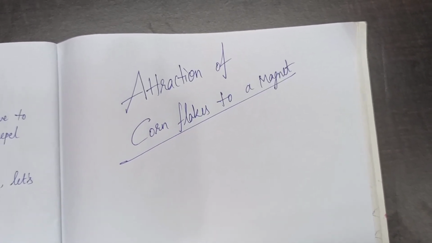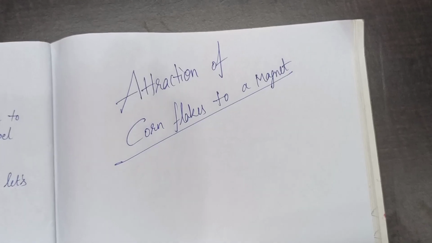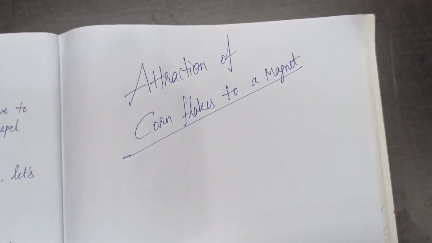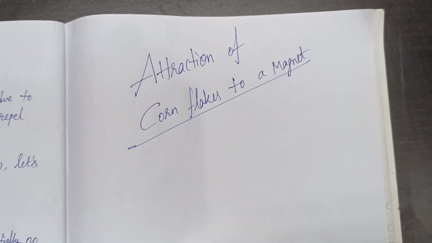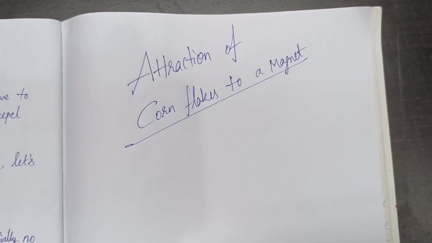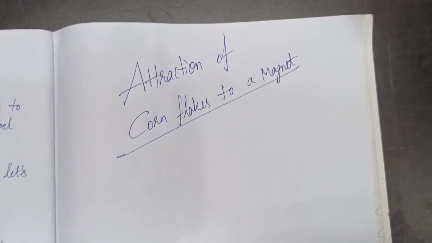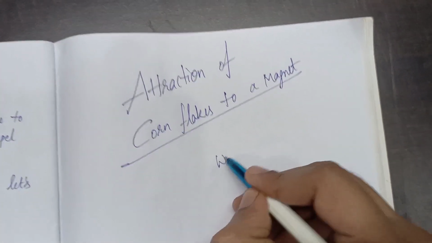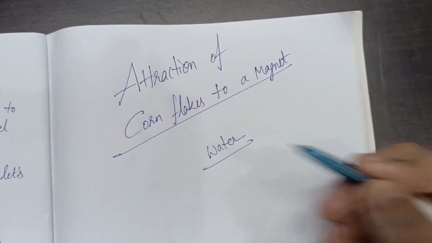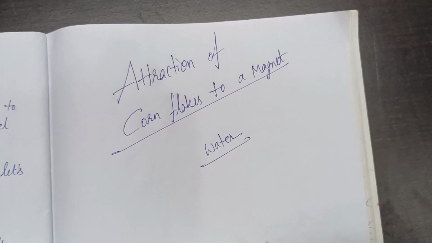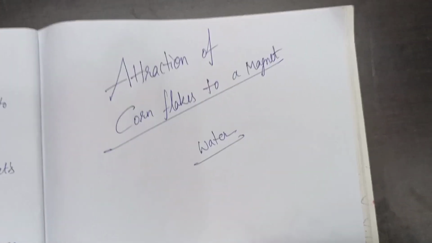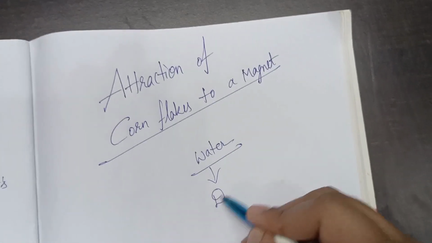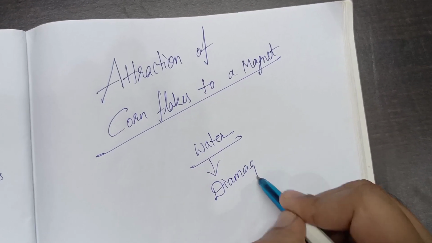Or when a piece of cornflake is suspended from a support, then also we can observe that the cornflake is attracted towards the magnet because of the presence of iron. But when it is kept in water, there will be an additional effect of attraction. Why? Because water is diamagnetic.